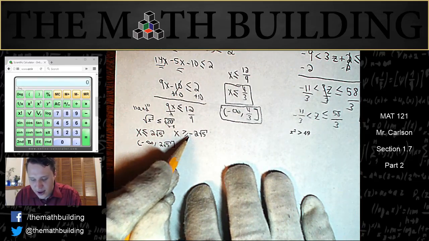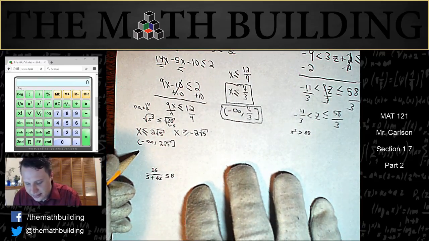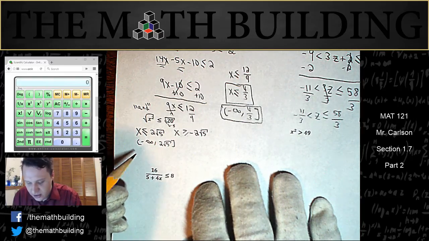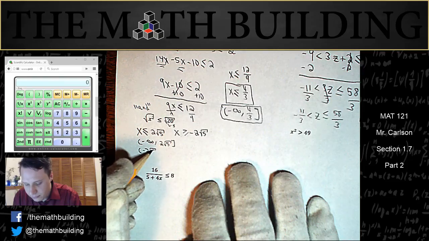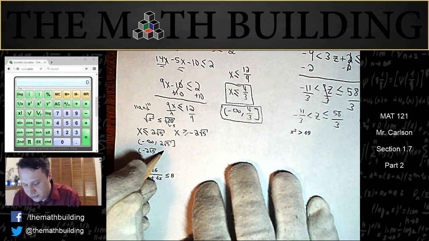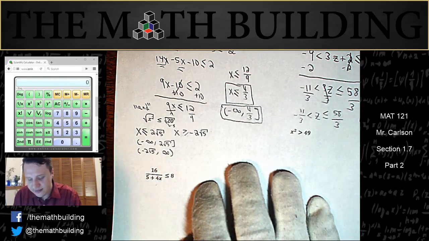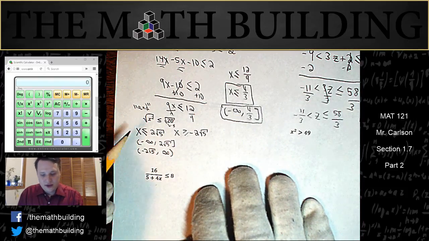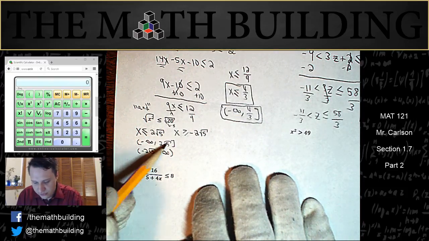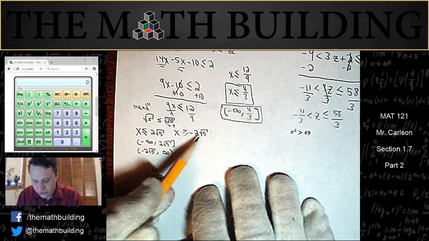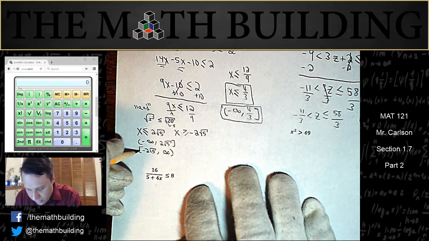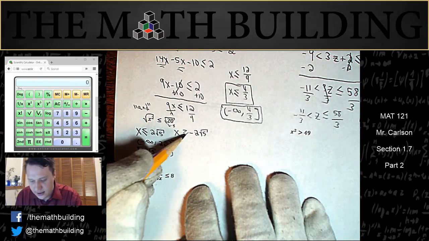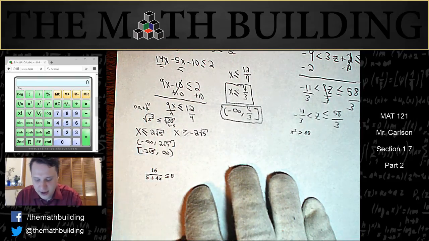This is where everything bigger than negative 2 root 5, so we're going from negative 2 root 5 all the way up to positive infinity. So this interval is this piece, and this interval is this piece. Oops, I should have put a bracket right here because we are including the answer because of the equal sign.